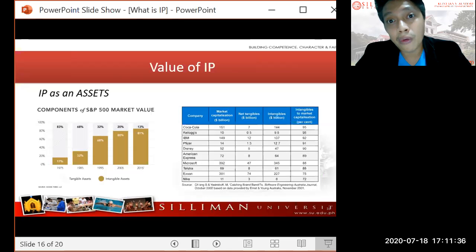So it's now very important. As an intellectual property owner, as a teacher, you own a specific intellectual property. You can benefit from it by selling those intellectual properties. You can lease those intellectual properties, and so on.